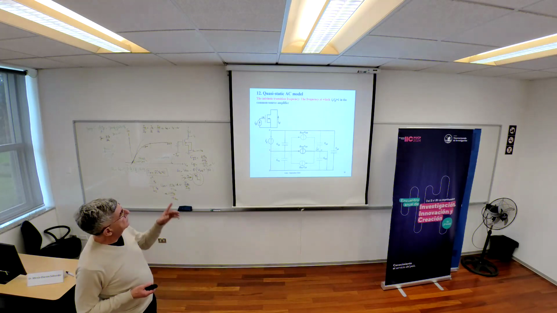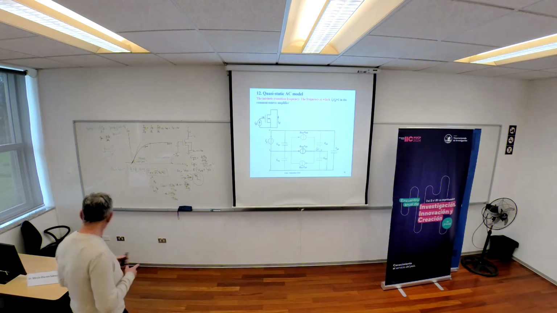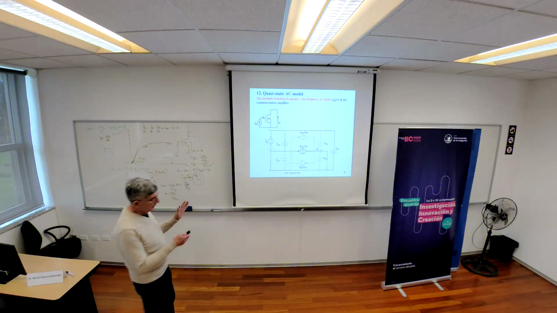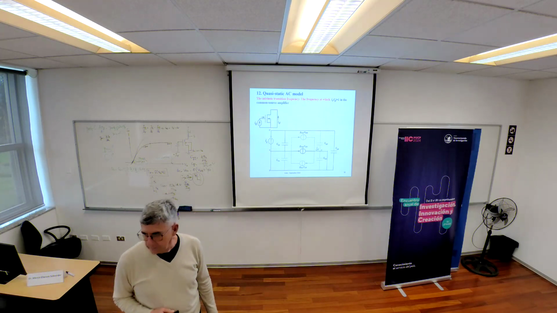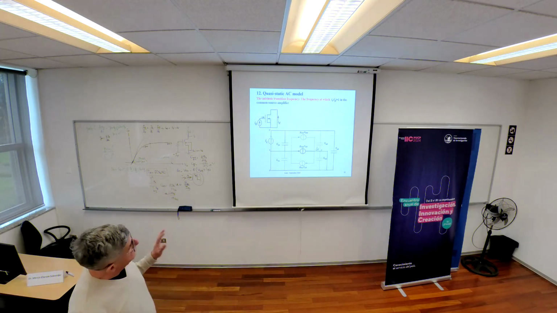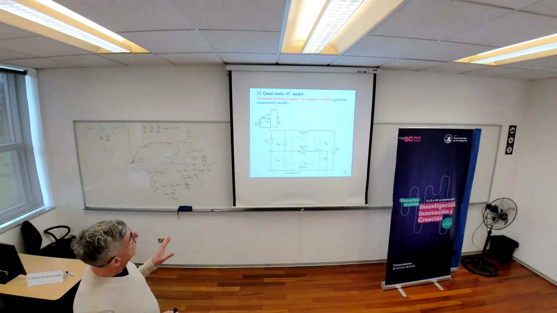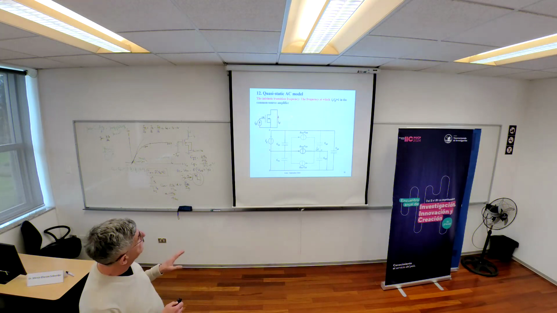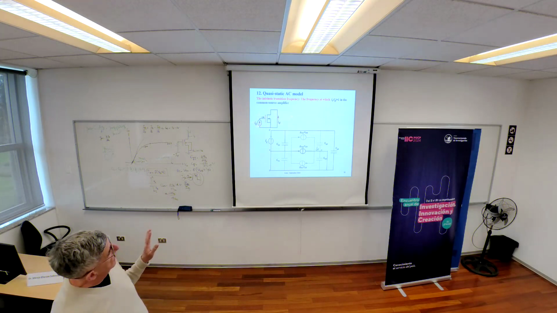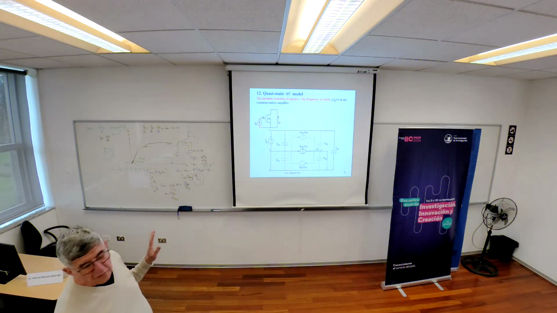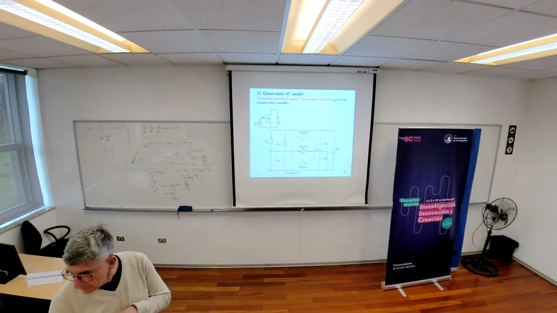This is an example on how to apply the analysis. This is a fictitious circuit, not a real circuit. Okay, but it's useful for explaining how is the frequency response of the MOSFET. Under this condition, this is a current source, but this is an AC current source.